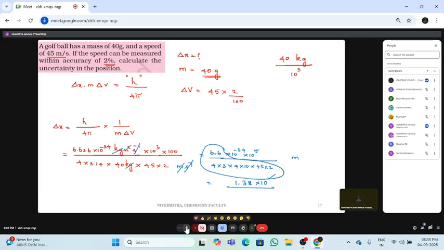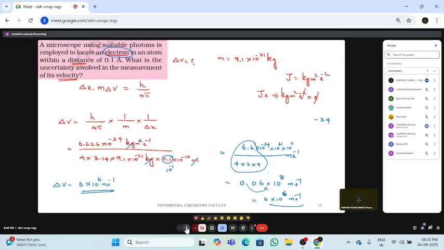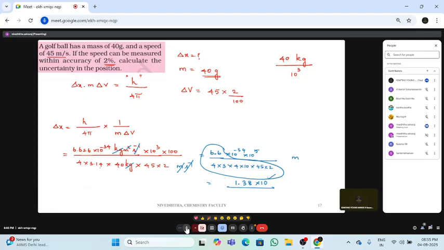See, here in this first problem, they are talking about the microscopic object, which is electron. And here the uncertainty was huge, right? But here they are talking about golf ball and it is not a microscopic object, right? Here it is a macroscopic object, and for this macroscopic object, we can measure position and velocity simultaneously, and the error will be minimum.